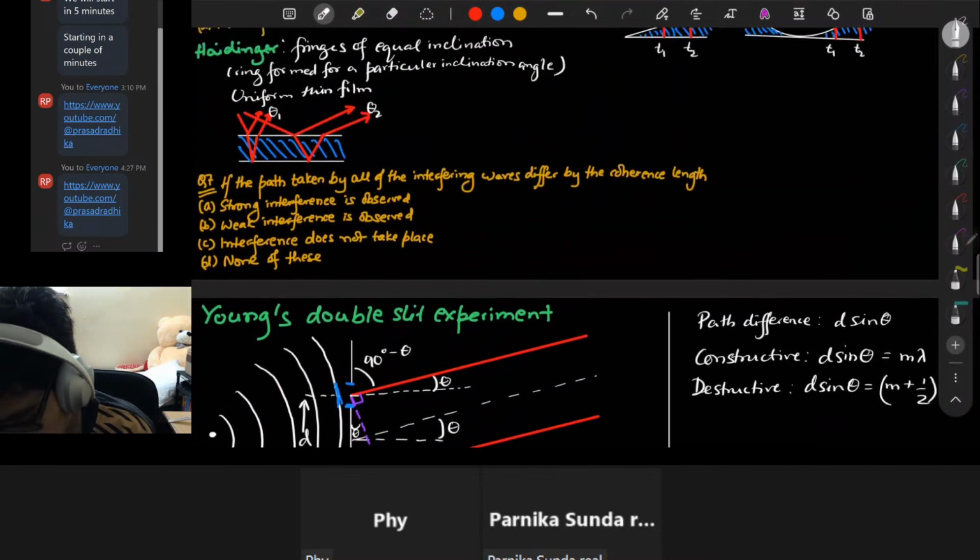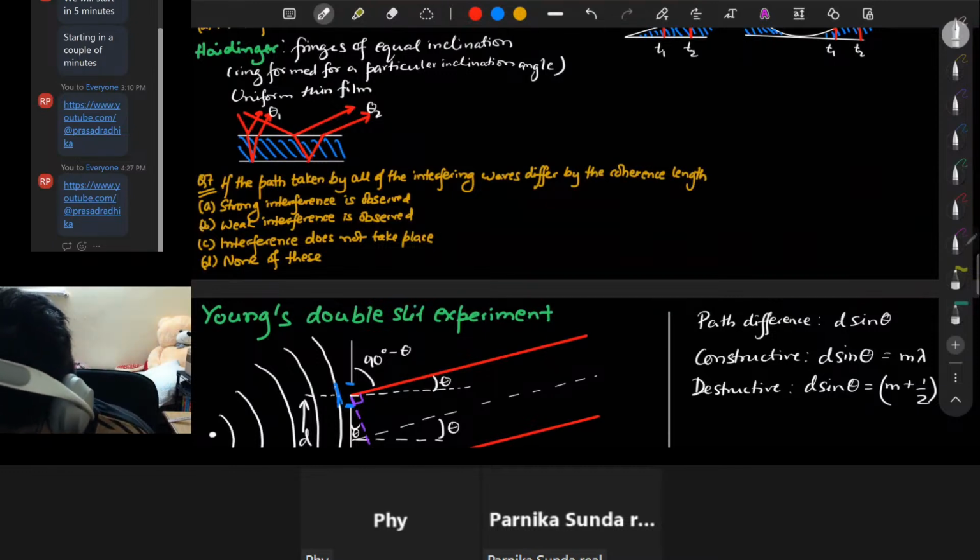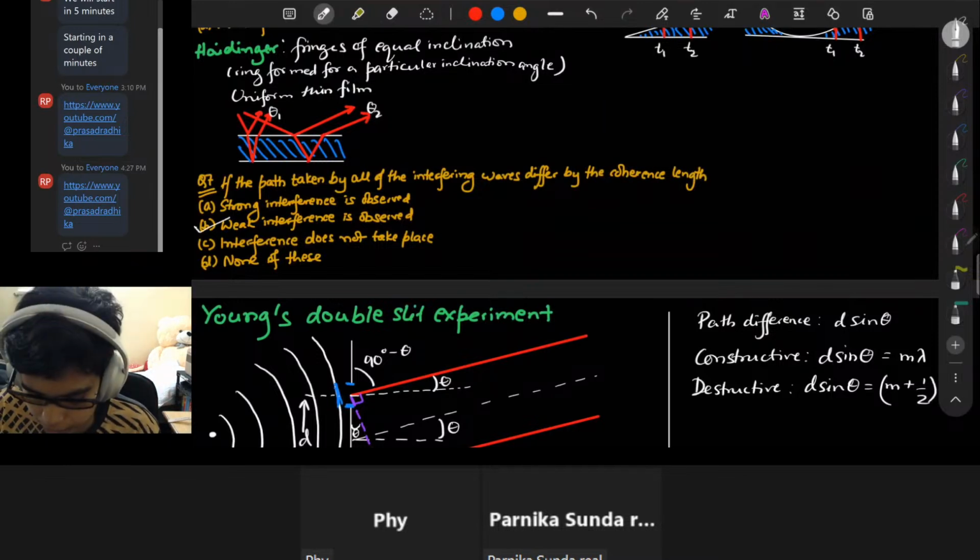In the meantime, we can discuss the answer to this 7th question. So the correct answer to the 7th question is option B. Weak interference is observed.